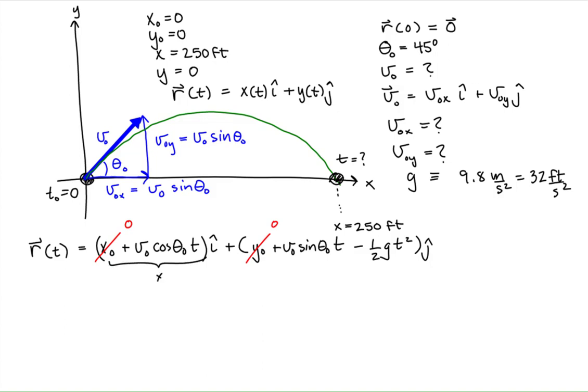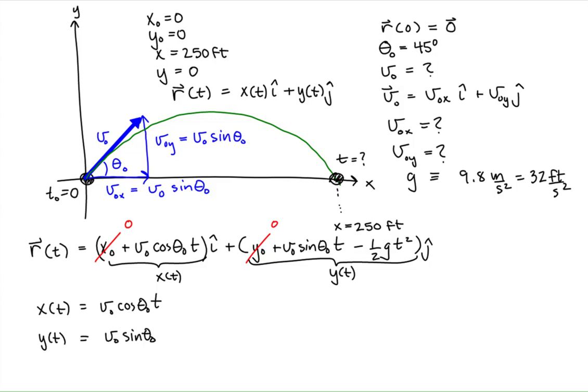The x component is given as v naught cosine theta naught t, and the y component is given as v naught sine theta naught t minus 1/2 g t squared.